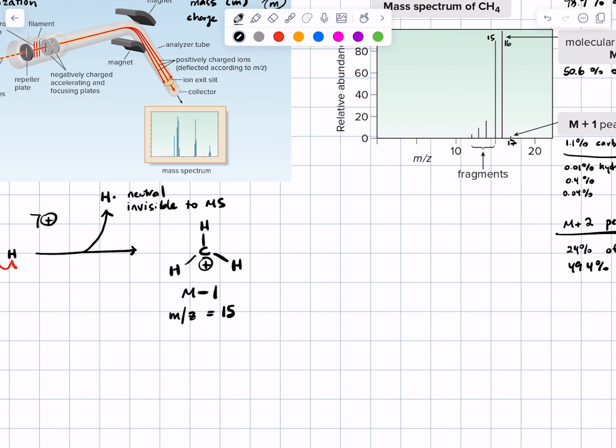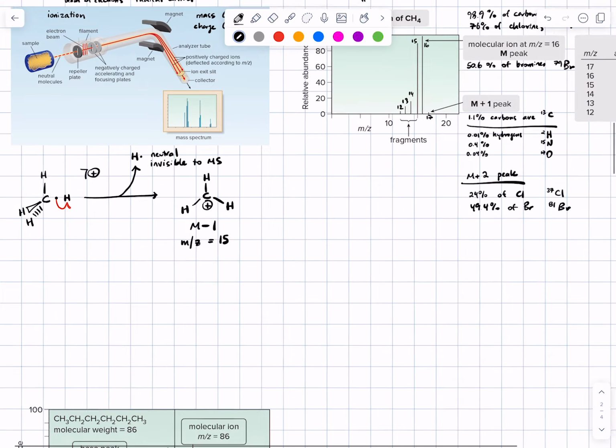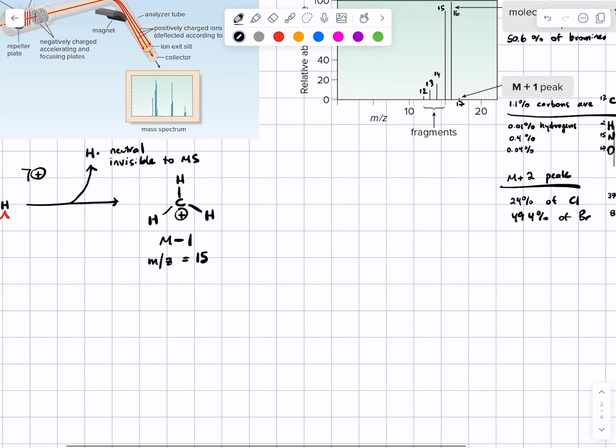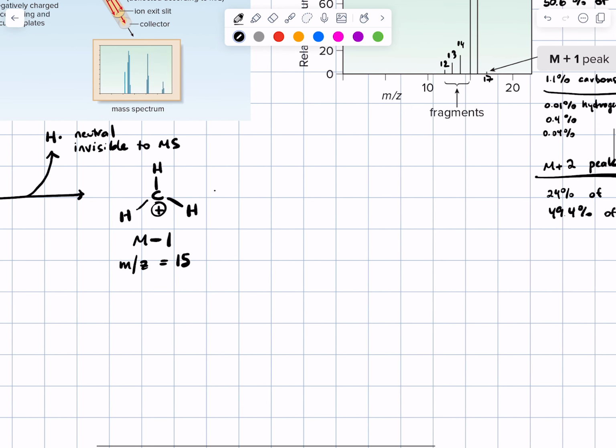Okay, so what about those other peaks? We've got peaks at 14, 13, and 12. Those peaks come from further fragmentation of the cations. So, for example, we could lose another hydrogen atom.